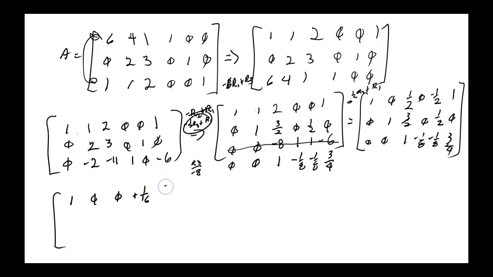That would be minus 3/16. And then negative 1/2 of 3/4 would be negative 3/8 plus 8/8 is 5/8. All right. Sorry about that.